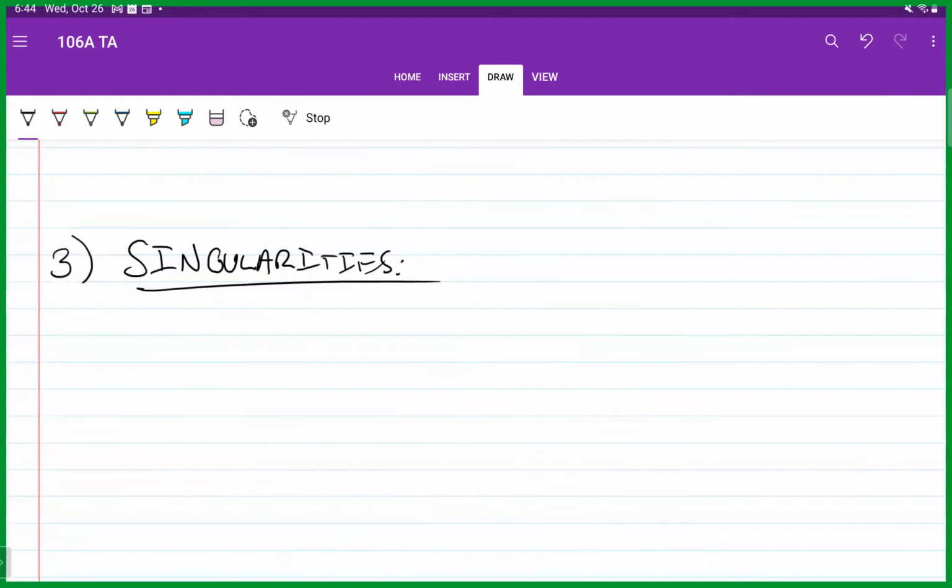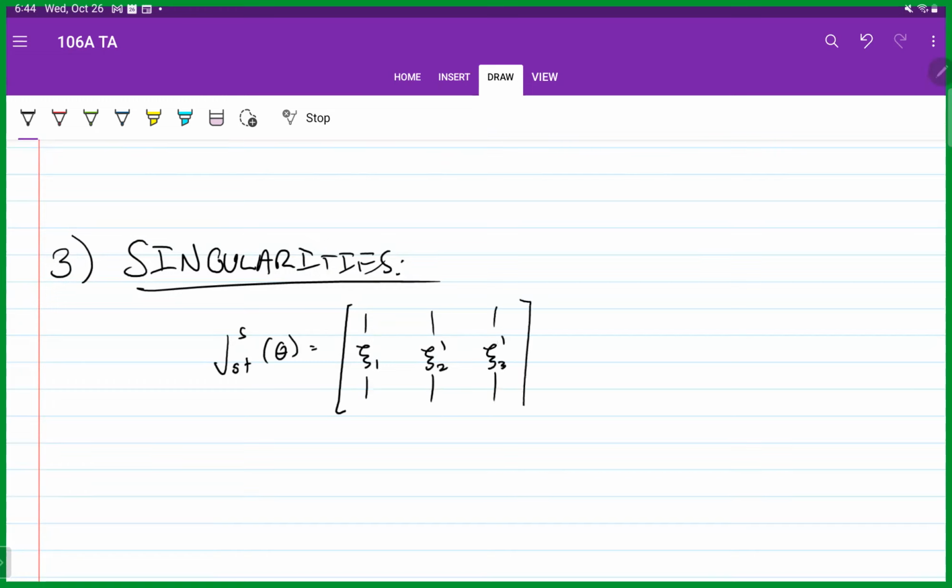Okay, so let's take a look at our Jacobian. I'll just look at the spatial Jacobian for now, just because that's easy to interpret. Let's take a look at our one from before. We had 3 different axes: xi1 is our first column, xi2 prime was our second column, and xi3 prime was our third column. So let's remind ourselves of what these axes are doing.